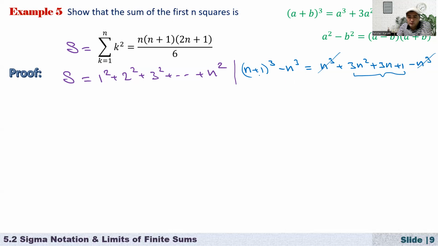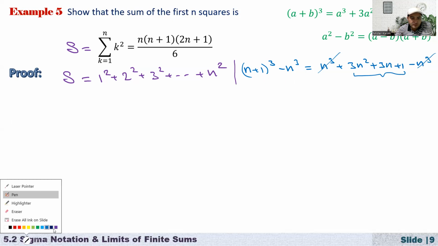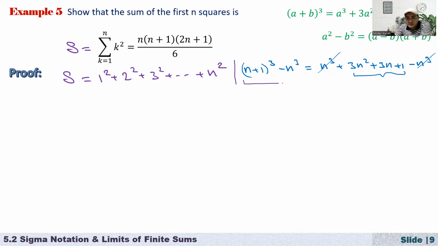So if n is equal to 1, what happens here? On the left-hand side, let me just write here in purple, I have this formula. On the right-hand side, I have 3n squared plus 3n plus 1, right? So what do we have here? If n is equal to 1, here we have 2 cubed minus 1 cubed.